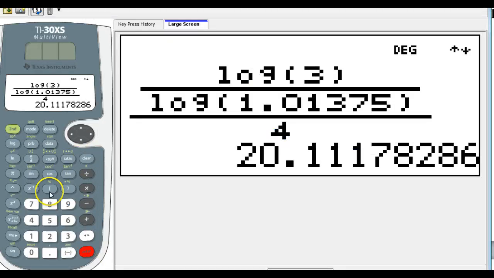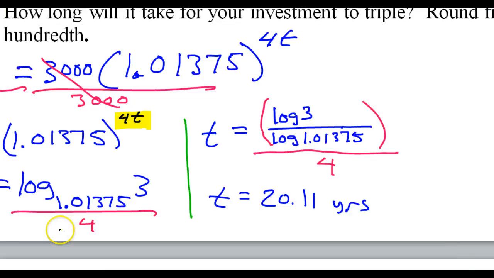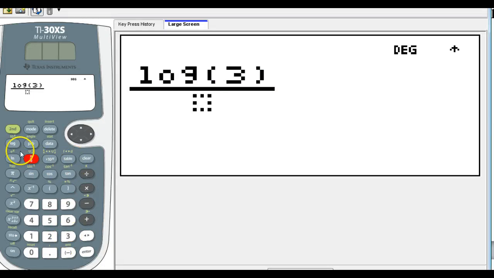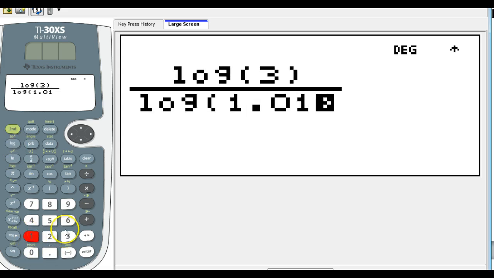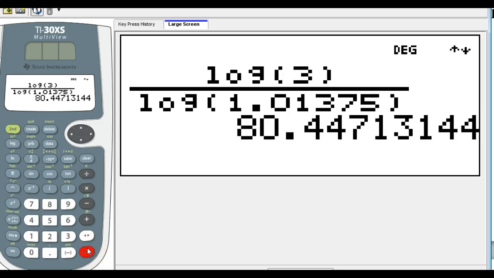Now, some students are not comfortable with the nested fraction, or they just plain do it wrong. If you're one of those people, then what you could do is do the log part first. Do your log 3 over log 1.01375 and get an answer.